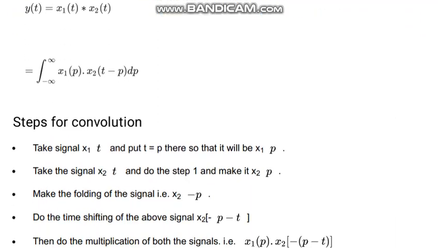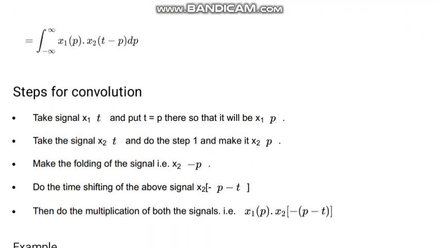Now the steps for convolution. First of all, take signal x1(t) and put t equal to p, so that it will be x1(p). Take the signal x2(t) and do the same step, make it x2(p).